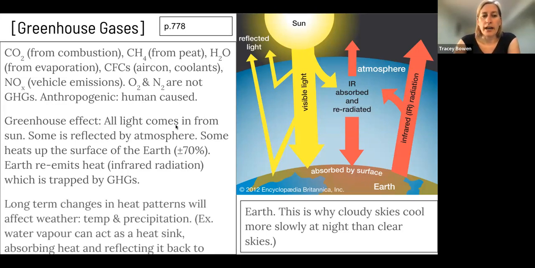Long-term changes in heat patterns from this warming process is going to affect weather, temperature, and precipitation. For example, water vapor can act as a heat sink, absorbing heat and reflecting it back to the earth. And this is why cloudy skies cool more slowly at night than clear skies will. So that also relates to the fact that water vapor is a greenhouse gas.